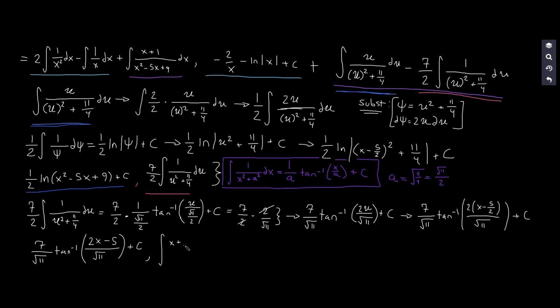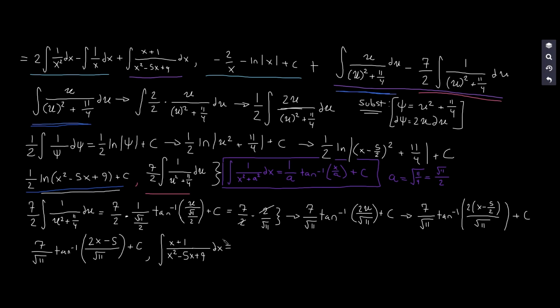To put this all together, this is going to be the indefinite integral of x plus 1 over x raised to the second power minus 5 times x plus 9, integration with respect to x. And then we could just put this all together, guys.